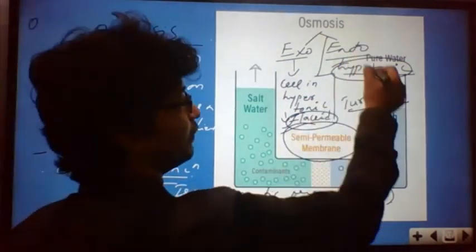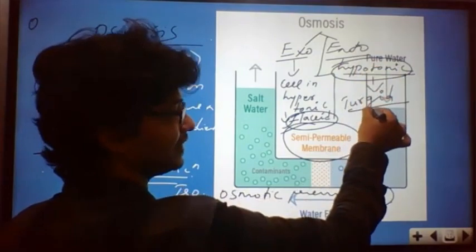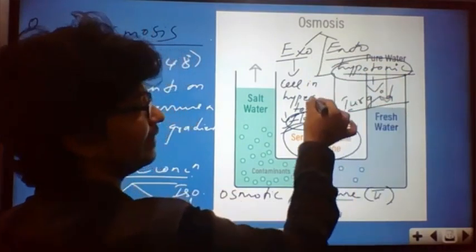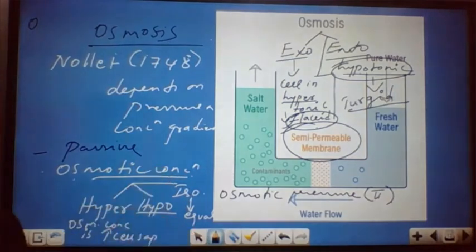Again, when you keep the cell in a hypotonic solution, the cell becomes turgid. When you keep the cell in a hypertonic solution, the cell becomes flaccid. We will discuss plasmolysis in detail later.